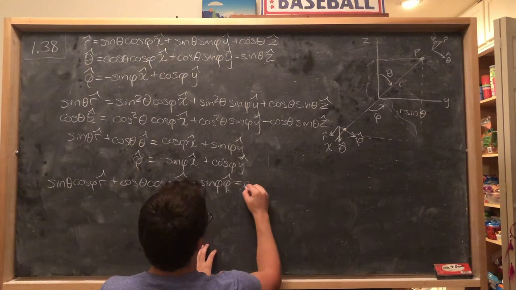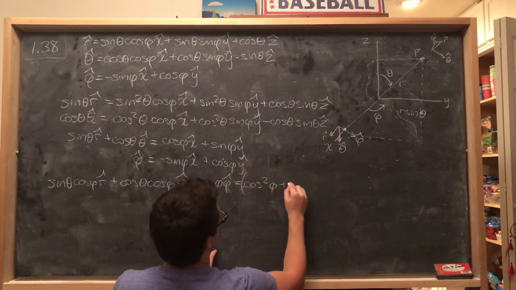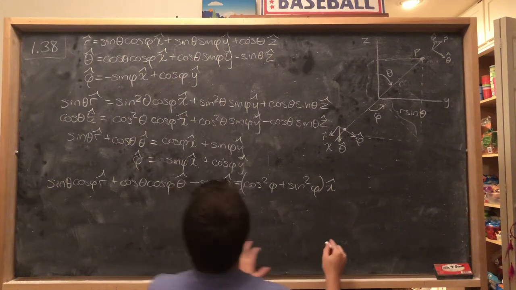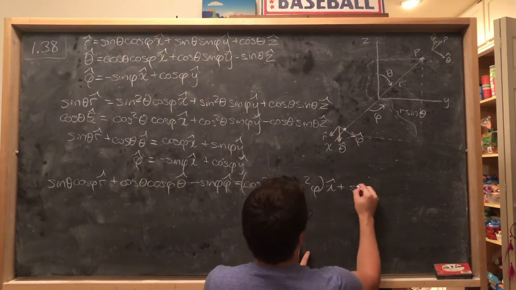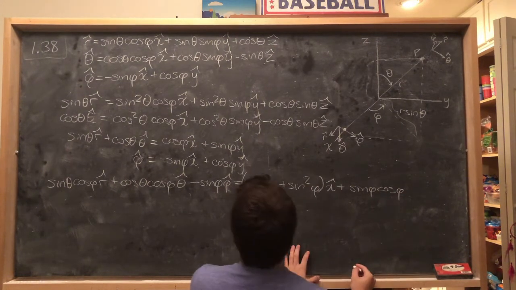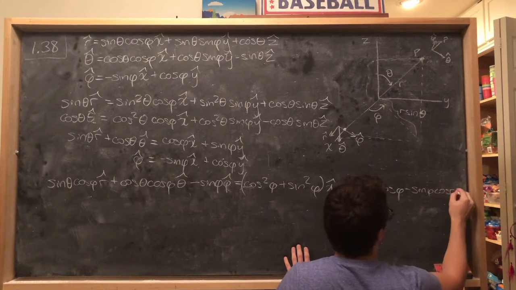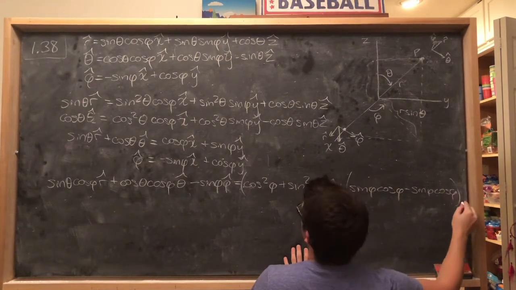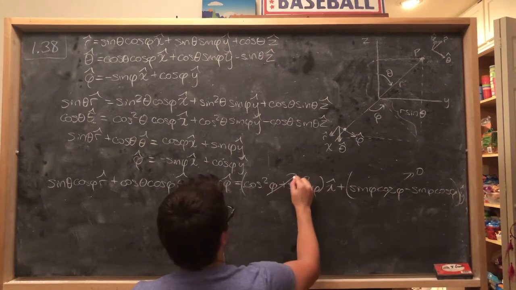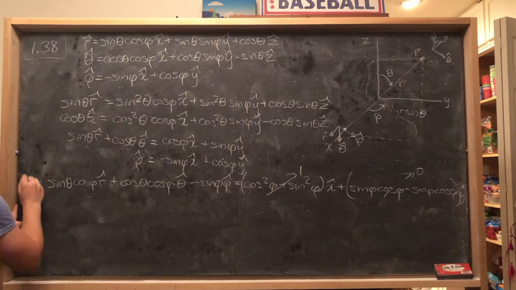That would give us cosine squared phi plus sine squared phi x hat plus sine phi cosine phi minus sine phi cosine phi y hat. That's 0, that's 1, and so this is our equation for x hat.